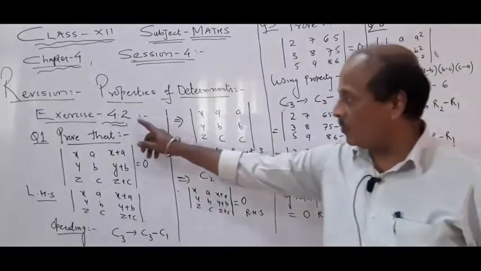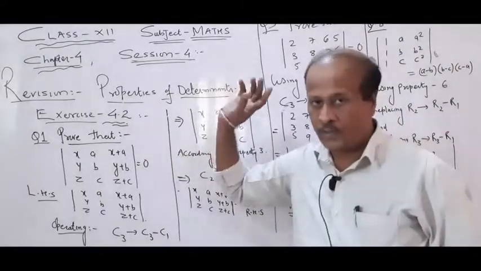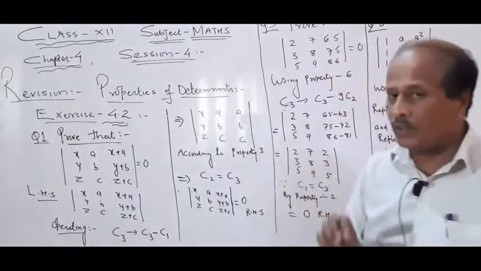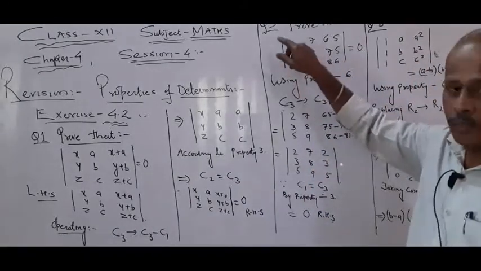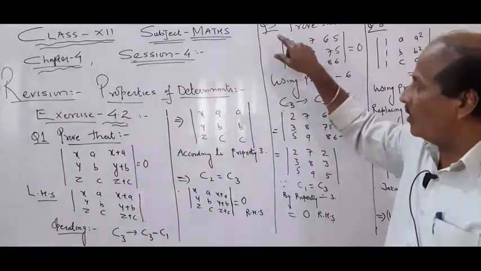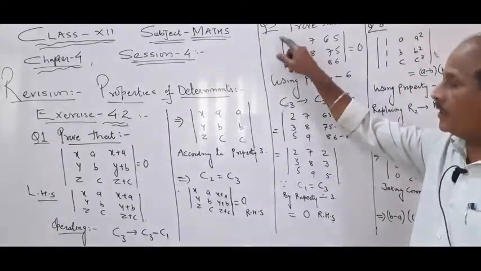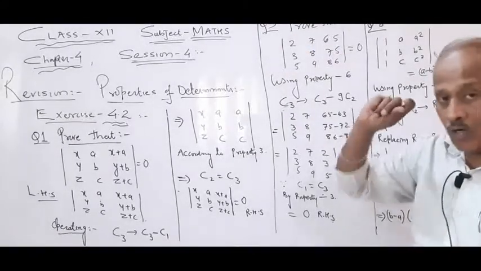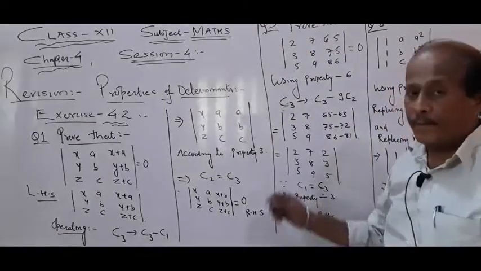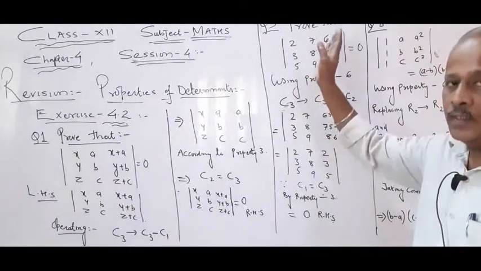So exercise 4.2 totally depends upon properties of determinants. One more easy question I have selected, and there is one example also, just like question number 3. This is important. It can be asked for 1 to 2 marks. Observe the digits properly. And again you can do it by some other method also.